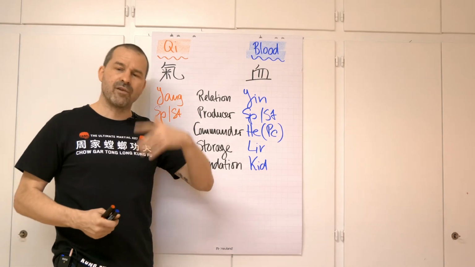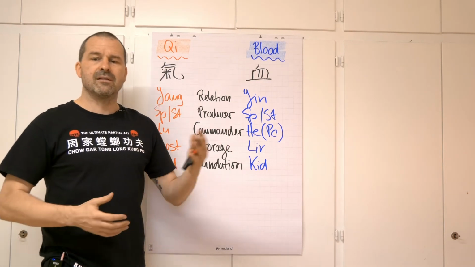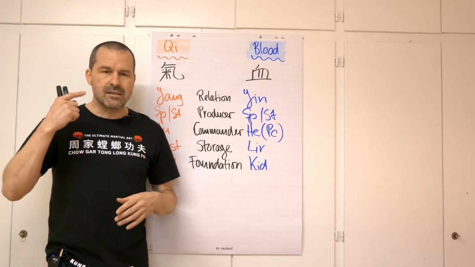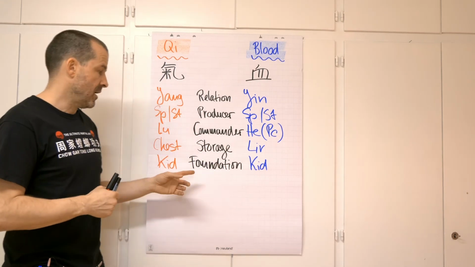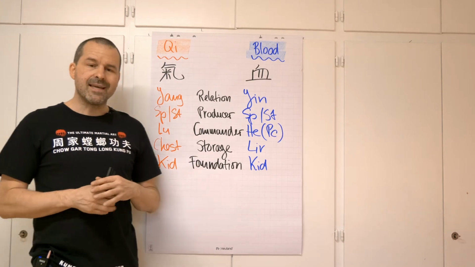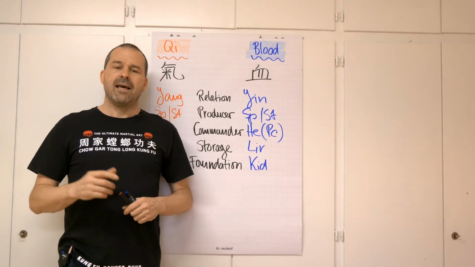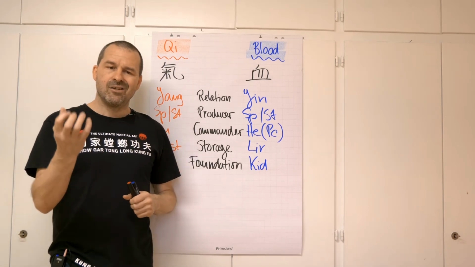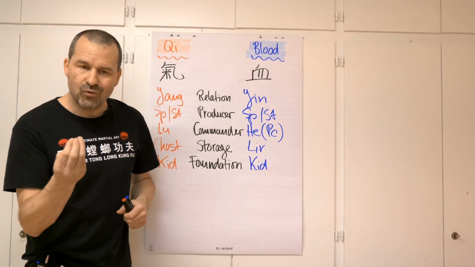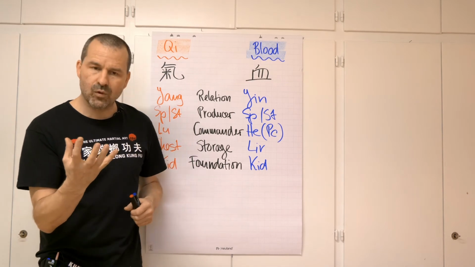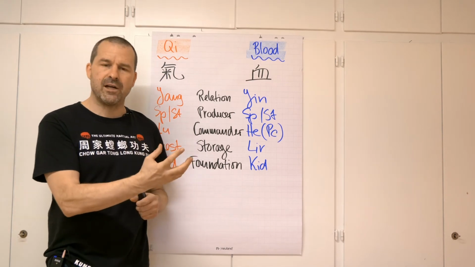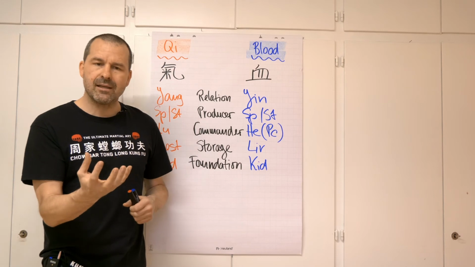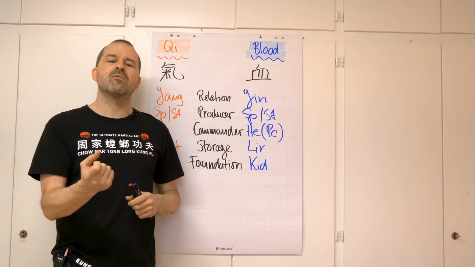It creates fishes, birds, animals, or humans. So it's the same thinking in Chinese medicine. We have the beginning in the water element, and the water has the ability to produce water and fire from itself. And in the beginning it's just water.